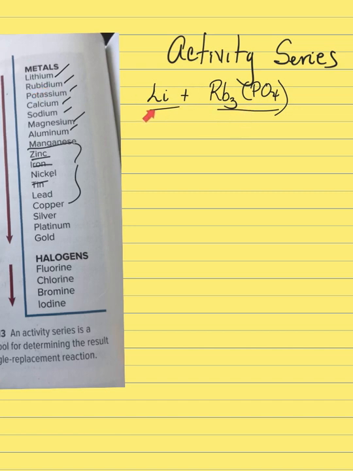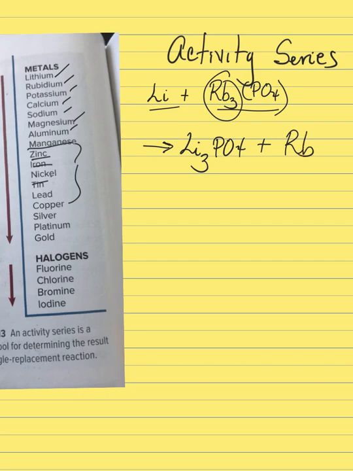Yes, you are going to see a reaction, because when you look at the activity series, lithium is more active than rubidium. So lithium is going to be able to displace rubidium. What is the new compound that is going to be formed? Lithium phosphate. You don't need prefixes because they are in group 1. Lithium phosphate, and rubidium is displaced.